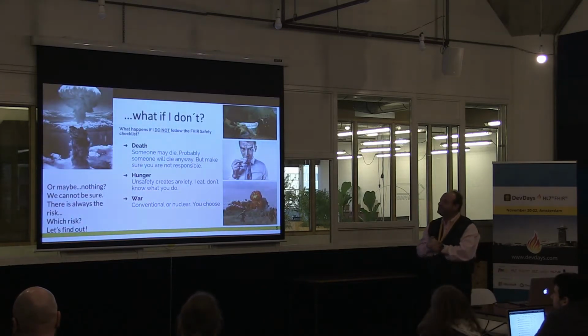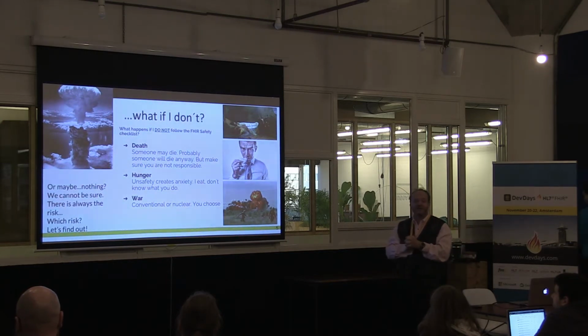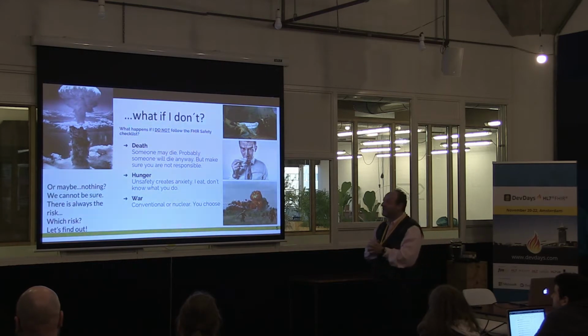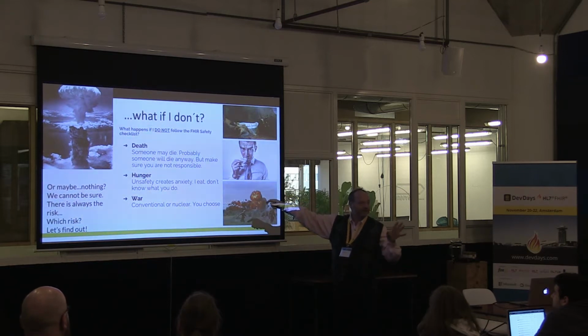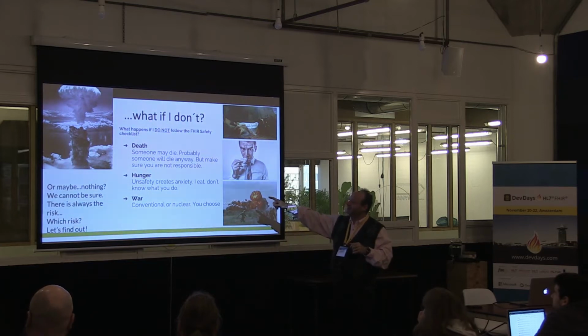So the first question is, what happens if you don't follow the FHIR safety checklist? You haven't read it, so what happens if you don't follow it? The first thing is death. You will die eventually, at some point. Then hunger, and then war.